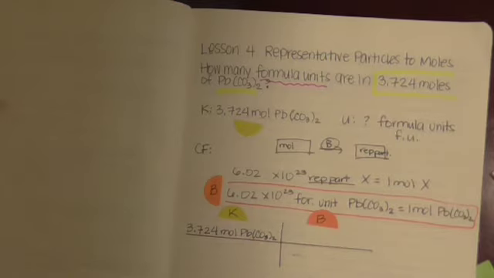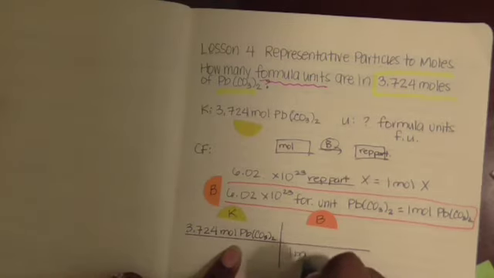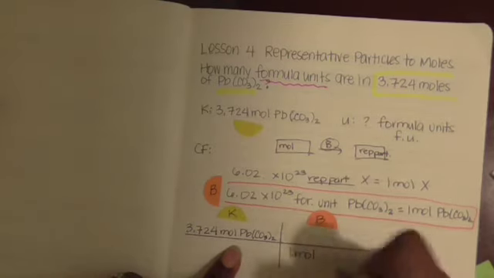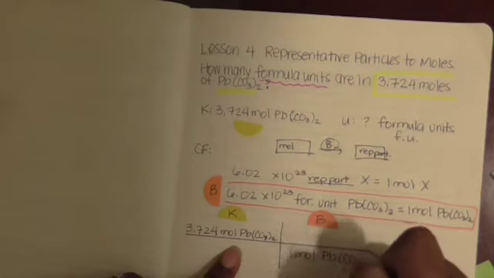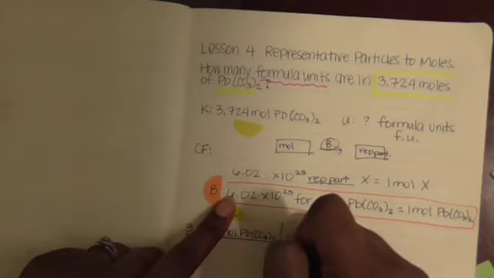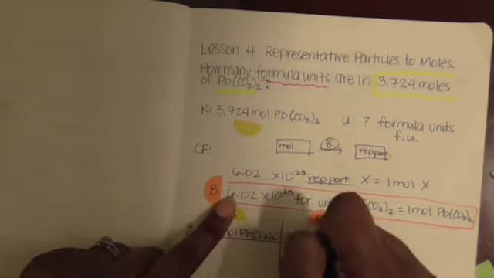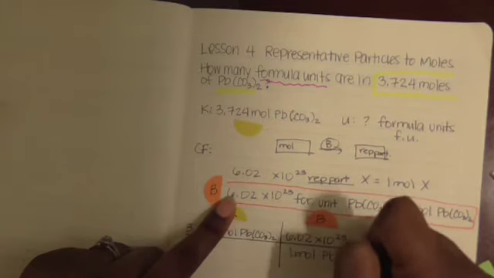But you have to think. Chemistry is all about problem solving and thinking. So this mole here is at the top, which means we need 1 mole of Pb(CO3)2 at the bottom, which means this very large number goes at the top.